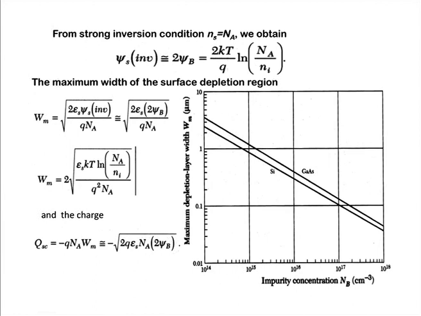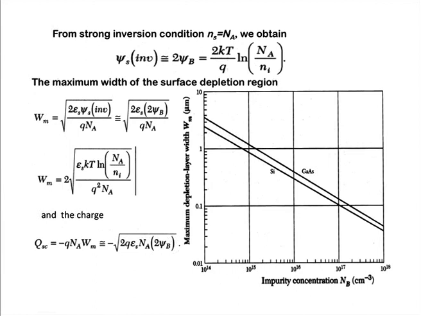By using these equations, we can calculate the maximum depletion width, Wm equals square root of 2 epsilon s psi s inversion upon q Na. Finally, if we substitute the psi s inversion value in this equation, we get the depletion width, and this depends on the doping of the substrate.